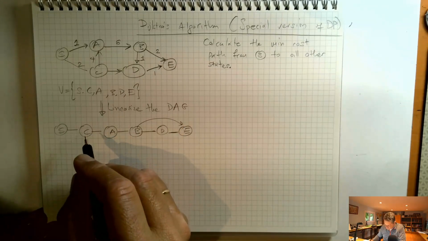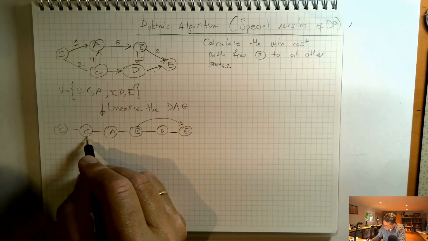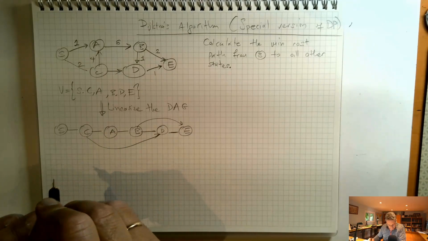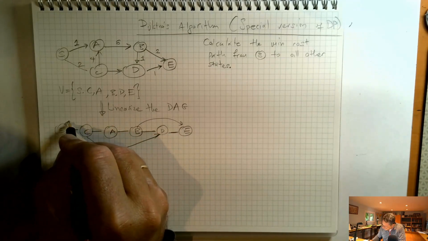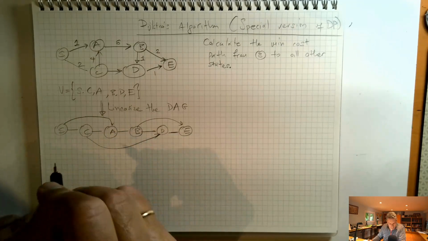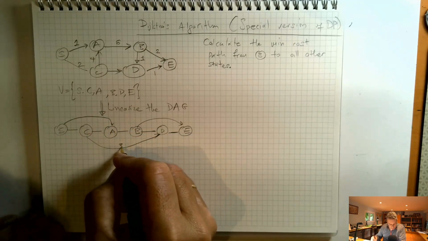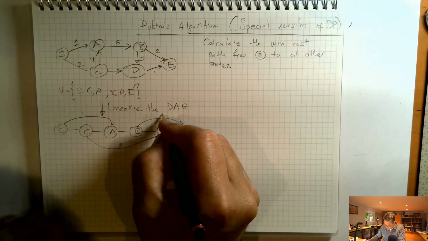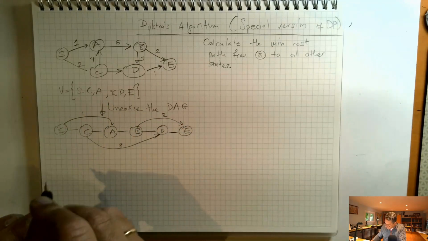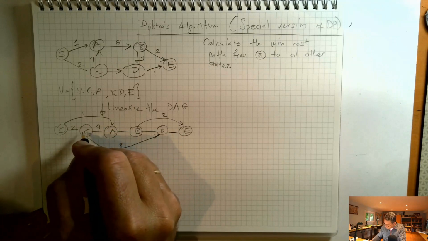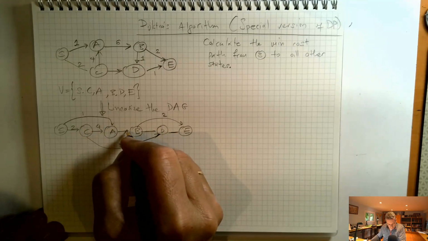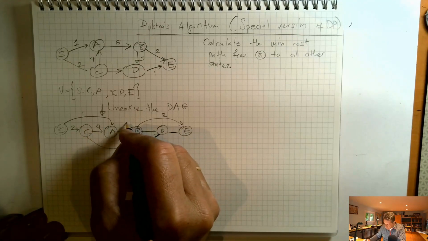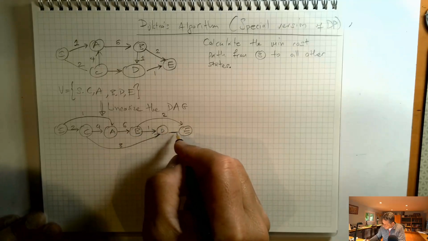We have from C to D one more edge, and from S to A another edge. This one has cost 3, cost 1, cost 2, and this is 2, 4, 6, and these are 1.